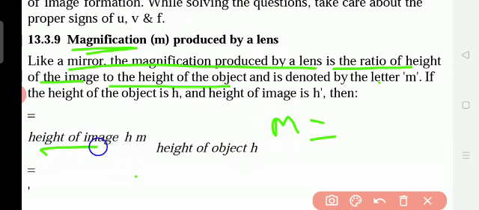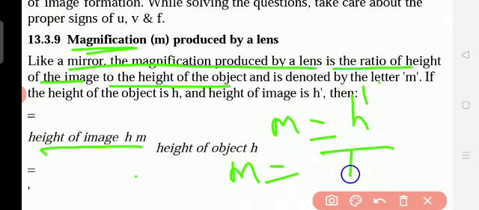For example, M is equal to the height of the image, h dash, divided by the height of the object, h. So height of the image is v and height of the object is u, so v by u. Understand?